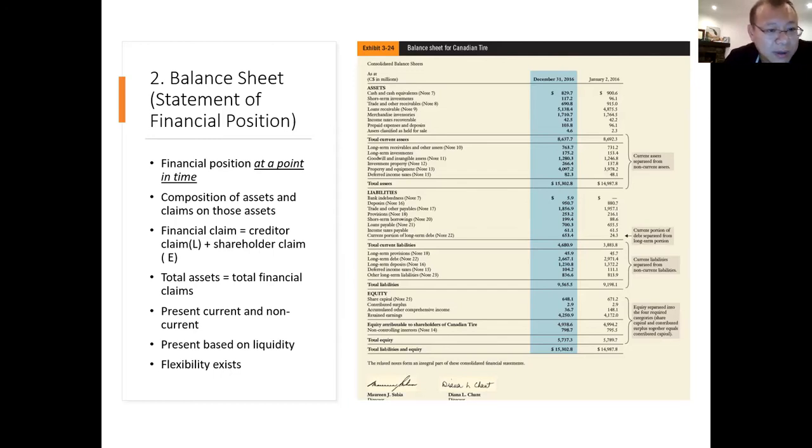And cumulative other comprehensive income. This is a new concept. This cumulative other comprehensive income is not considered part of your profit or loss. It's not the funding from the owners. The funding from the owners is called contributed capital.